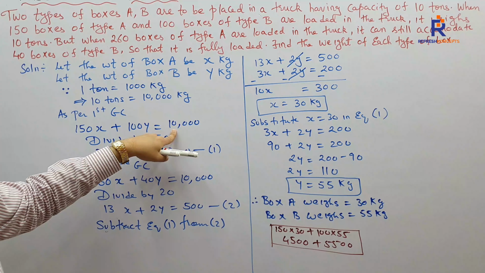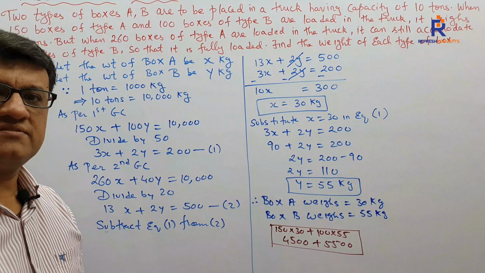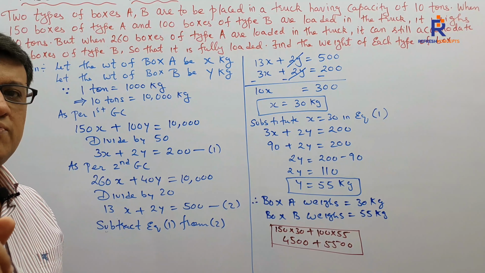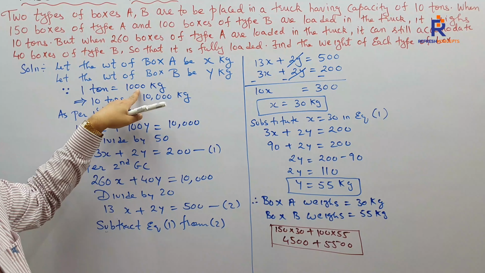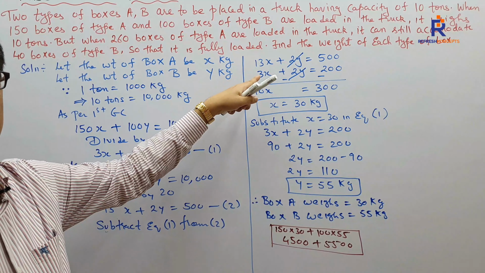We are right. Very simple, children. Only one thing: you should know 1 ton is how many kg, and you should know it means the entire 10 tons.